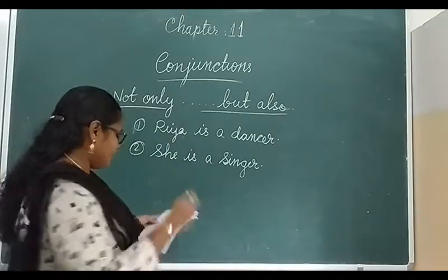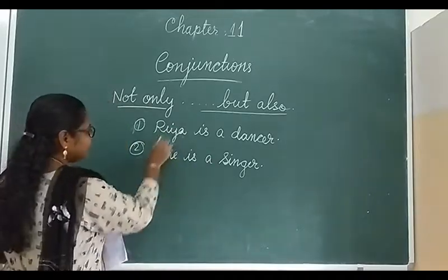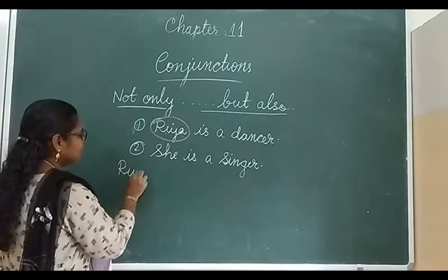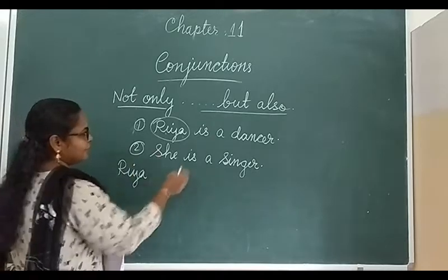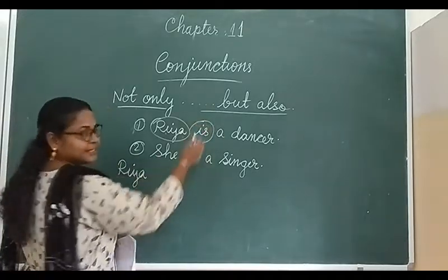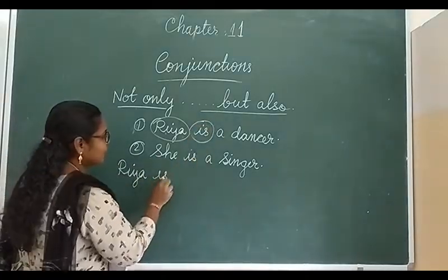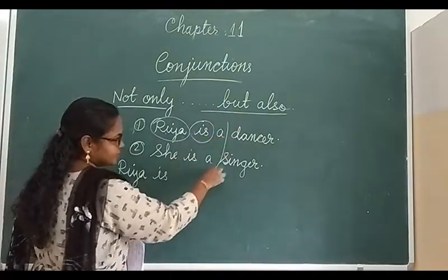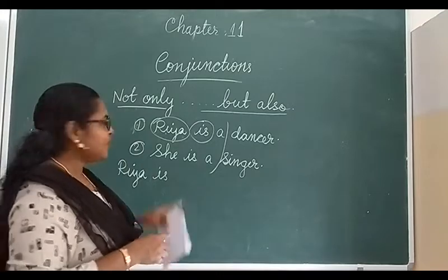Okay, how? Riya is the noun here. So I take Riya, then there is a verb, Riya is. That is common for this sentence. Till here it is the same.